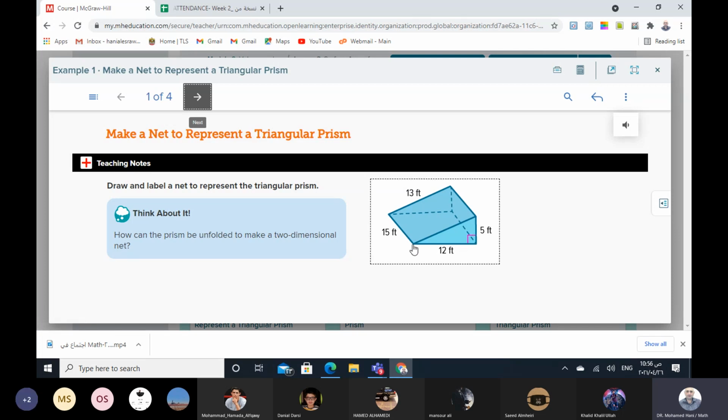So as you see, we have here a triangle, and here we have a triangle, and here in the back we have a rectangle, and here we have a rectangle, and here the bottom will be also a rectangle. So the bases will be two triangles, and the sides will be three rectangles.